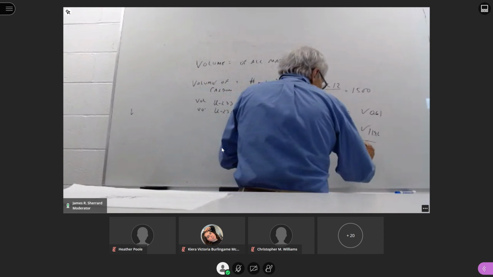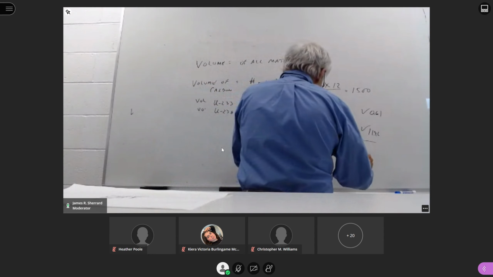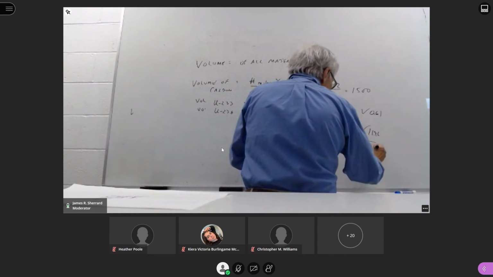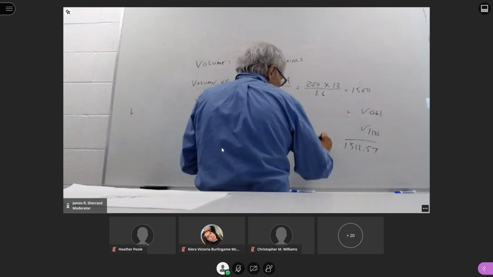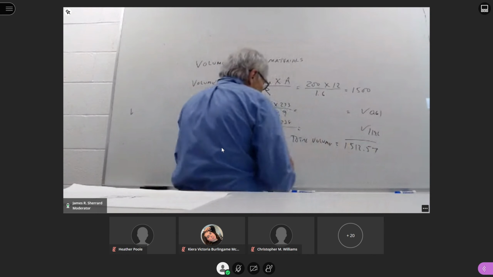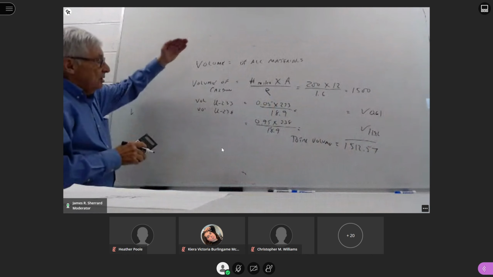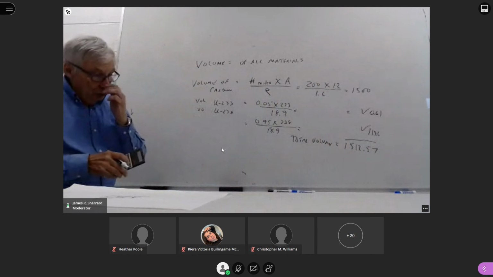So I got 1512.57 for the total volume. And I specifically accounted for each moderator and each of the 2 fuels that are there.